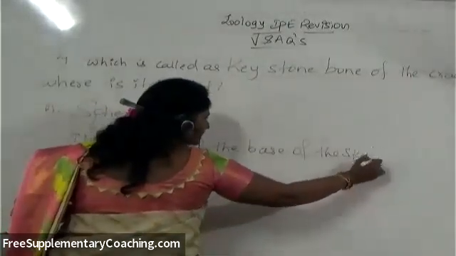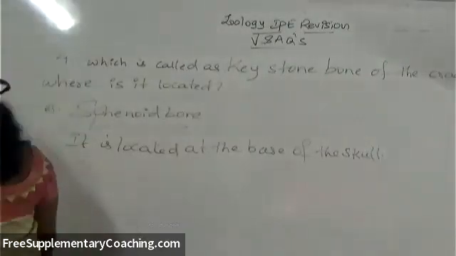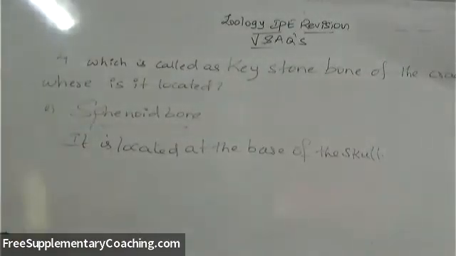If you write these 2 points, you will get 2 marks: 1 mark for the sphenoid bone and 1 mark for the location, at the base of the skull.